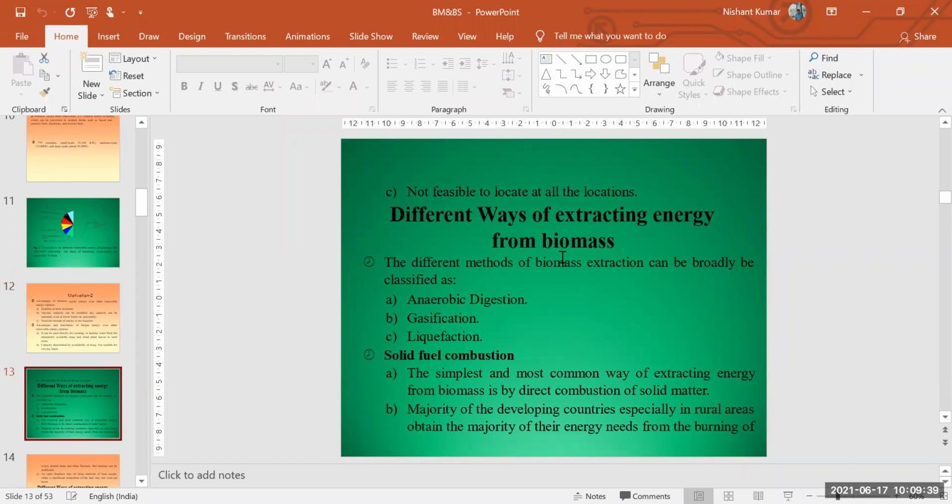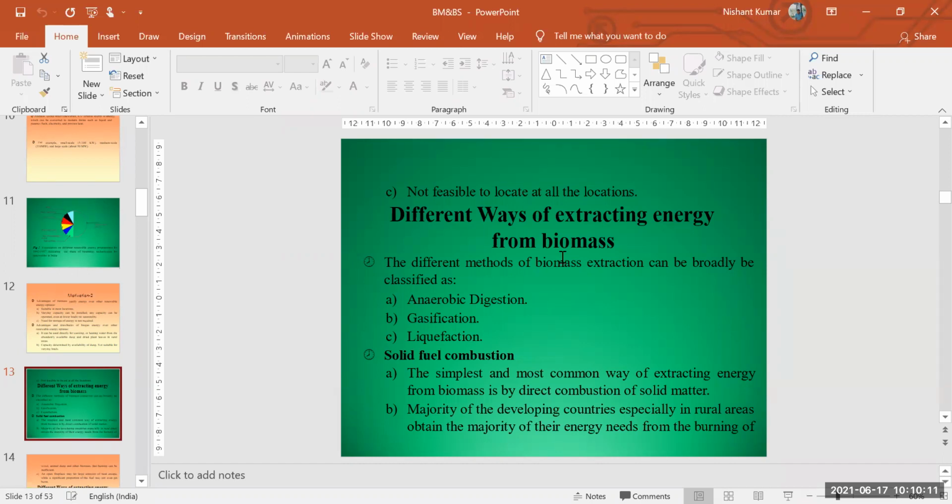Now this biogas plant, why it is not feasible for all locations is the amount of handling and the waste required for this biogas. It's mainly based on your cow dung, or animal or human residues only. So different factors are involved in this.